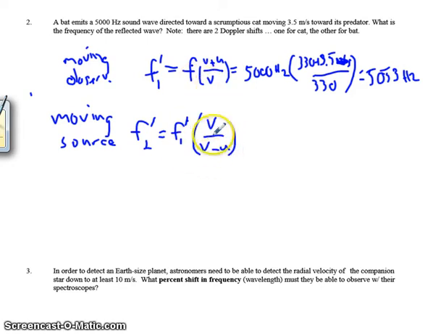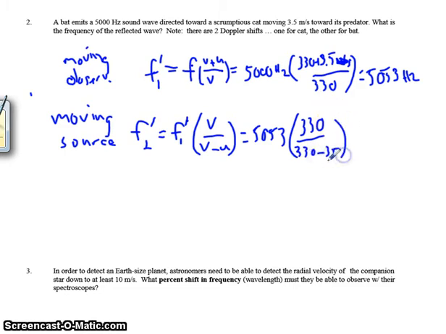Go back and look at this equation to make sure you understand why we're using this one as a moving source and this equation for a moving observer. Plugging in numbers, we have 5,053 hertz times 330 all over 330 minus the 3.5. This is going to enhance it a little bit, and plug and chug, and we get 5107 hertz. That's our final answer.